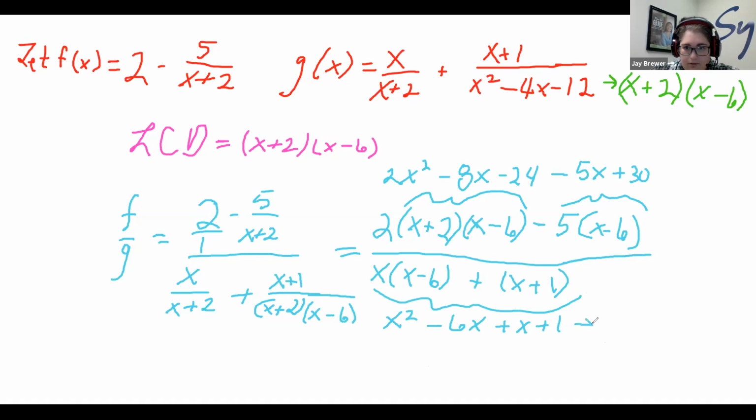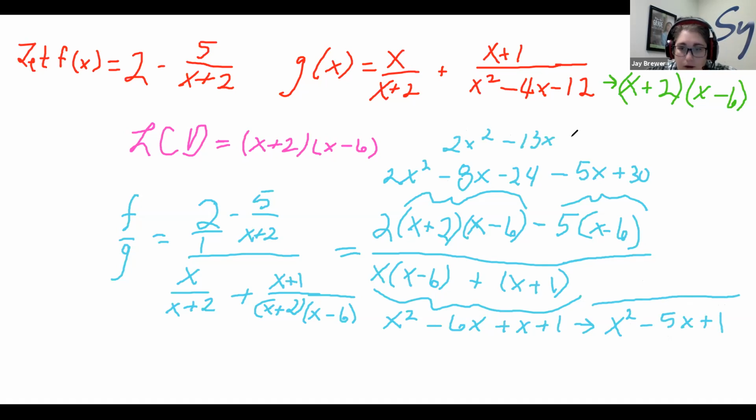So let's clean this up a little bit. So we have x squared minus 6 plus x will give us minus 5x plus 1. I can tell you that that does not factor. All right. If we clean up here, we still get our 2x squared. Minus 8x and minus 5x will give us a minus 13x.